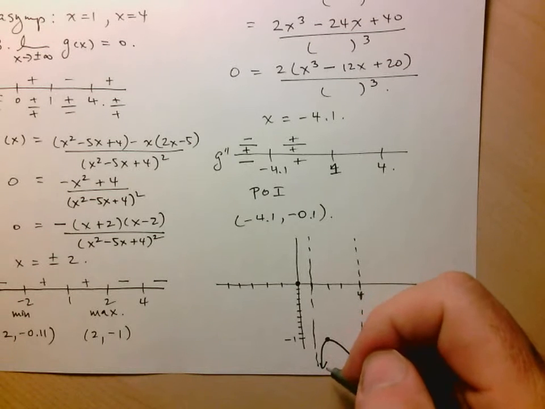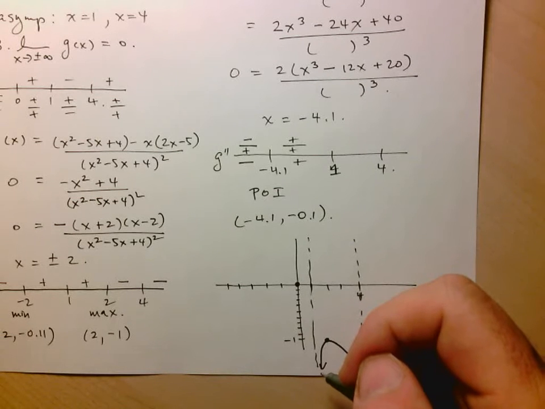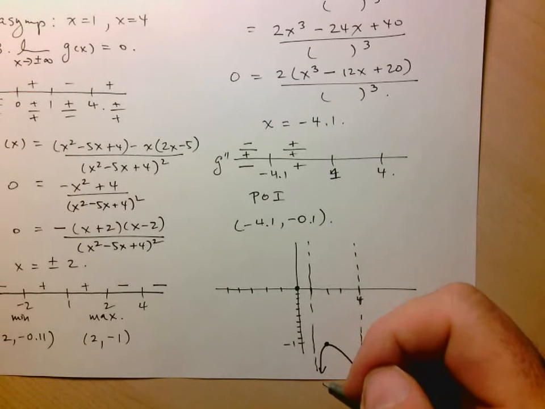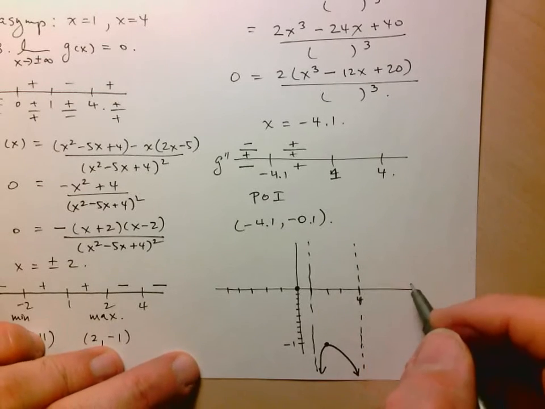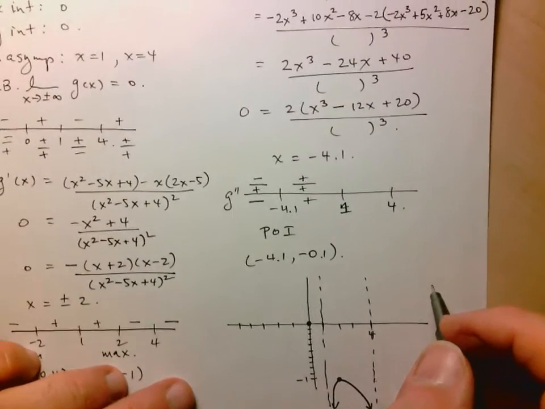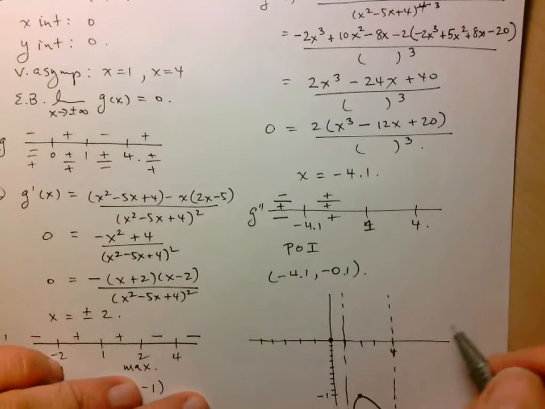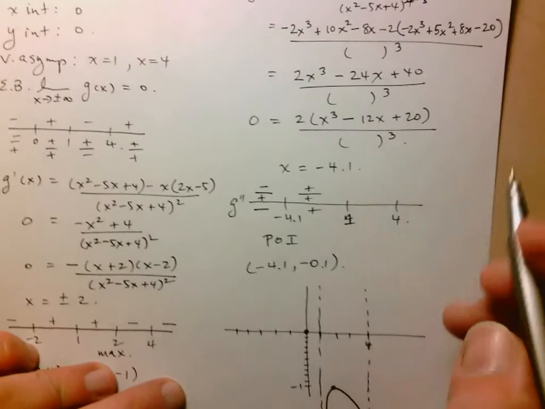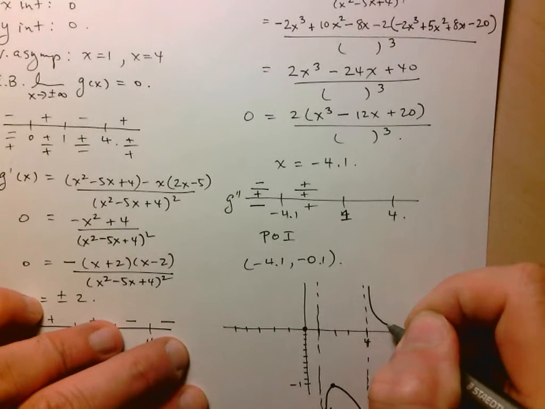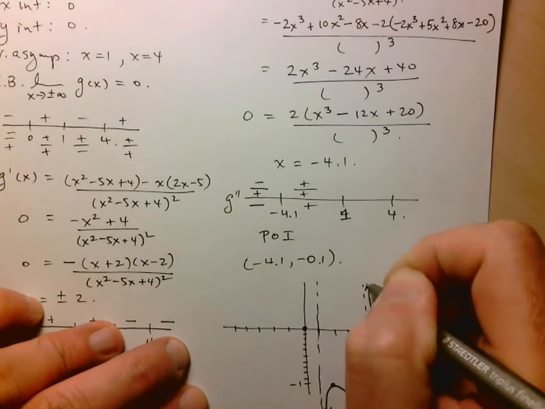Something like that. Sorry, I have to take a drink before I start coughing. Okay, so let's take a look at what happens greater than 4. Well, nothing interesting happening, and we know that it approaches 0. We know we have a vertical asymptote, and the function has to be positive, so it's going to look something like this.